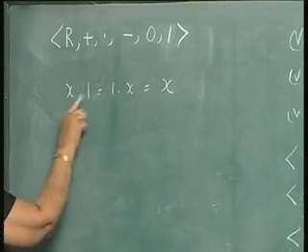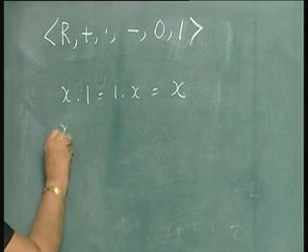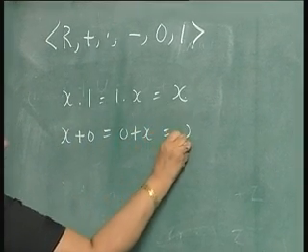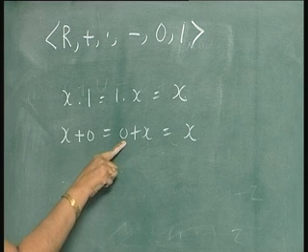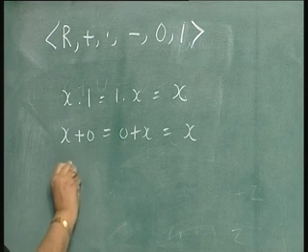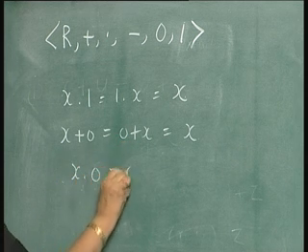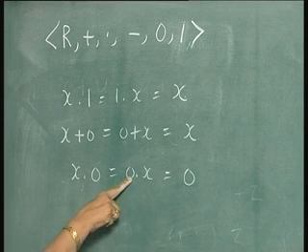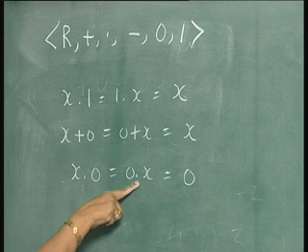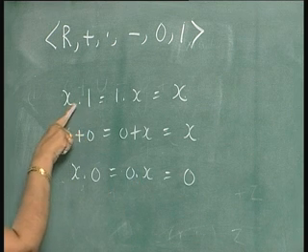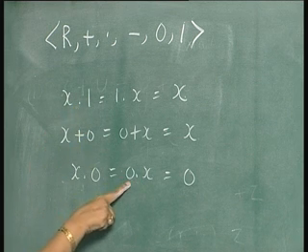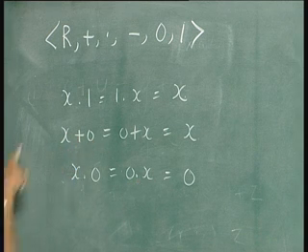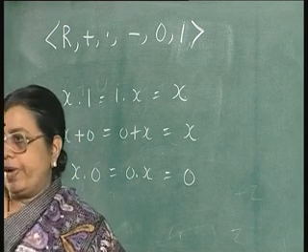So, 1 is an identity element with respect to multiplication, and x plus 0 is equal to 0 plus x is equal to x. So, 0 is an identity element for plus operation, whereas x into 0 is equal to 0 into x is equal to 0. So, 0 is a 0 element for the operation multiplication. So, 1 is an identity element for multiplication, 0 is a 0 element for multiplication, but 0 is an identity for plus.